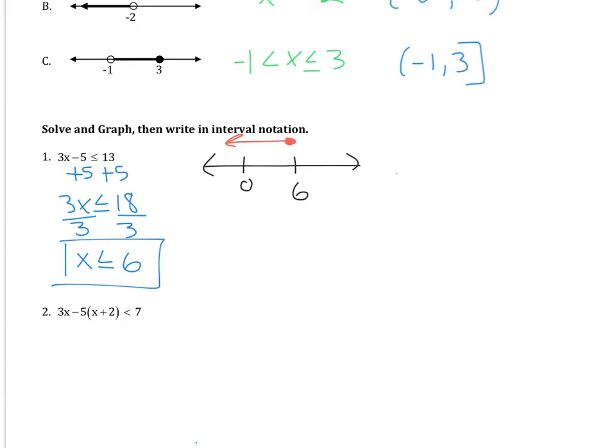So I would have a bracket on the 6 and my arrow going to the left because that's where the less thans are. The reason I made my line squiggly here is just so that you could see it on top of my number line, but of course that should just be a solid line. In interval notation, your answer would be negative infinity, comma 6 with a bracket.